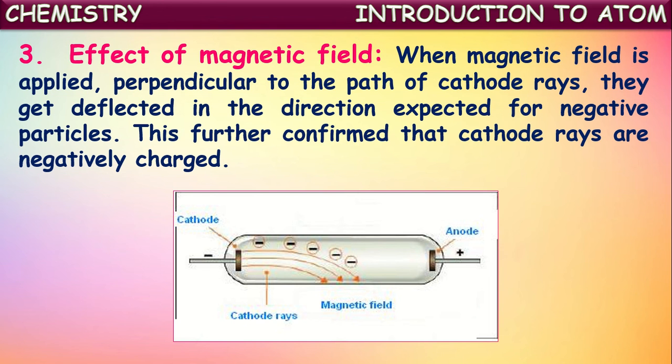This further confirmed that cathode rays are negatively charged particles. That is proved by this also. Finally, cathode rays deviate from their path in the presence of either an electric field or a magnetic field. They are affected by both fields, deviating from their path instead of moving in a straight line.